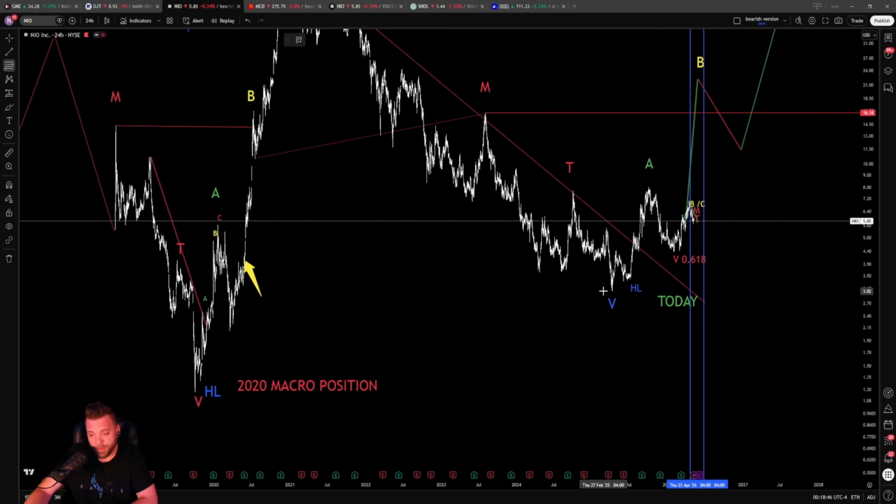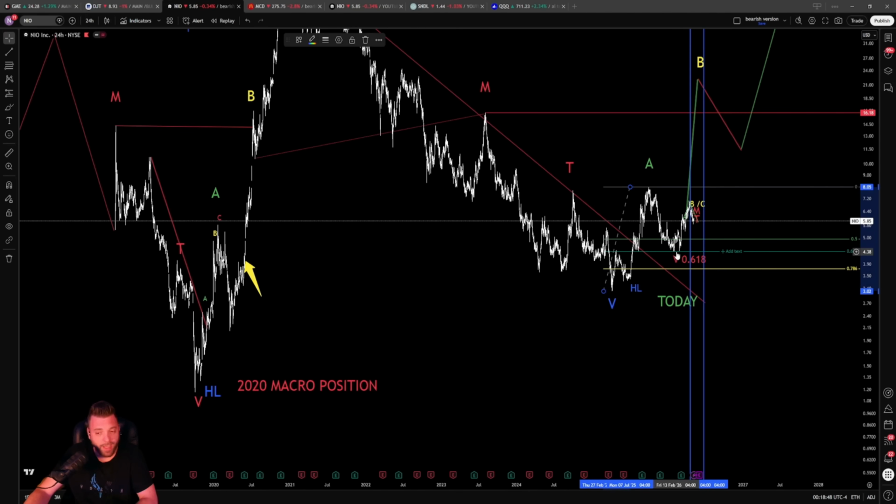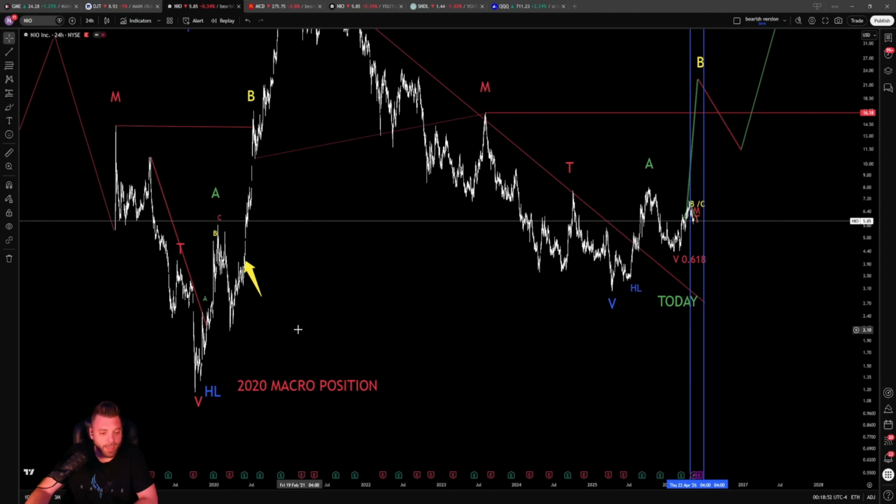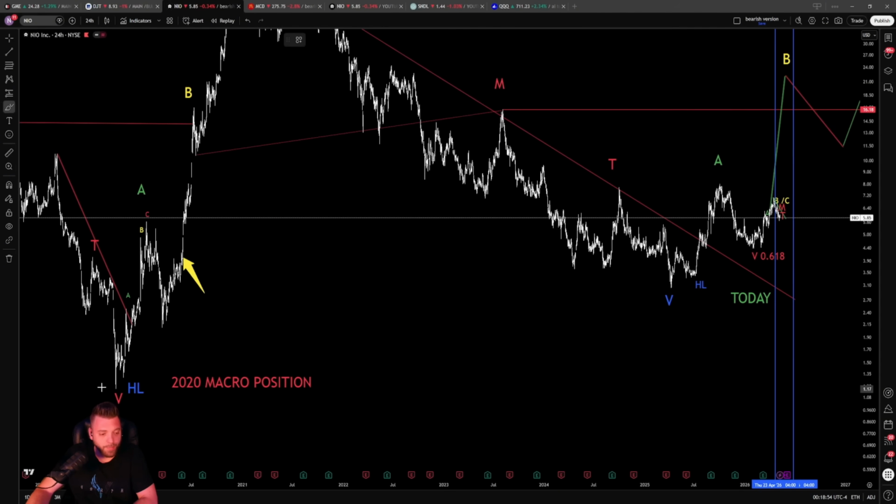And now from our V to our A, it's a 618 pullback. Perfect. You also did here V higher low, V higher low, up to A, 618 pullback, 618 pullback. You could even say you have here a perfect head and shoulders. You have here a perfect head and shoulders.